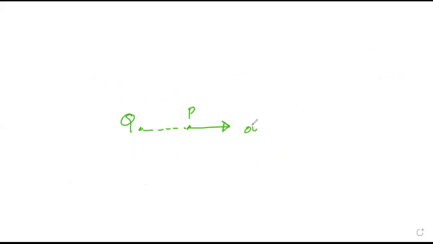If this is the point and here is the charge, then this way means outward, and the other way means inward. Inward means pointing towards that charge. Outward means away from that charge. If you don't understand this, you'll make mistakes.